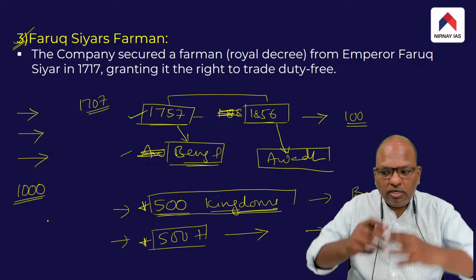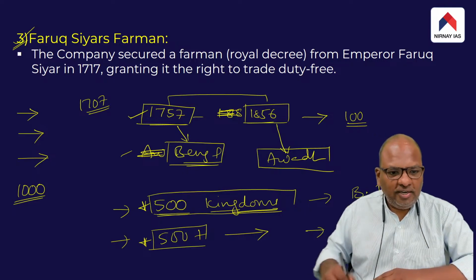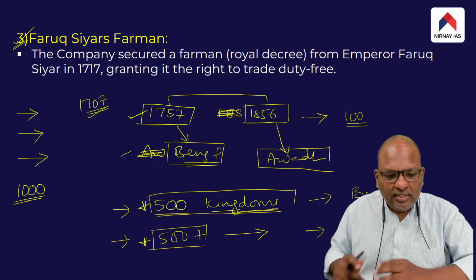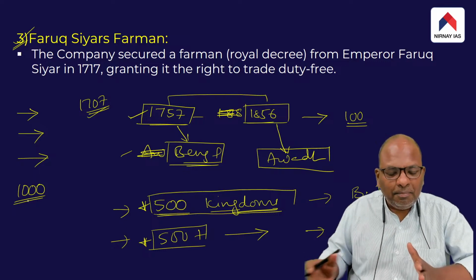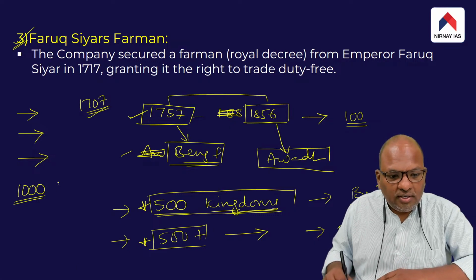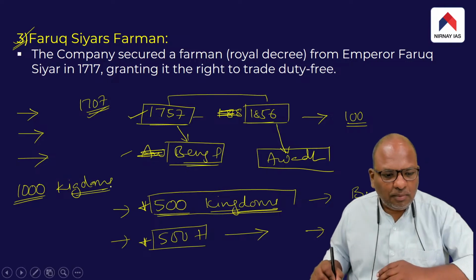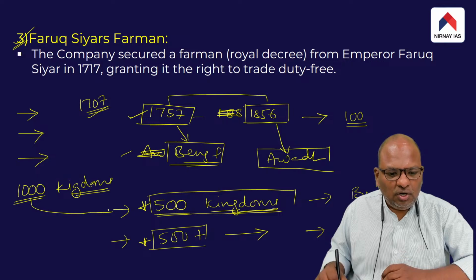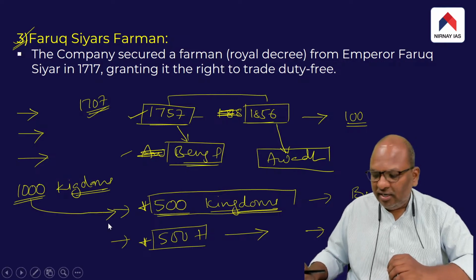So basically, Mughals ruled over the entire Indian subcontinent, but after the death of Aurangzeb, the Mughal Empire disintegrated, and close to 1,000 kingdoms came into existence. Of these 1,000 kingdoms, the British conquered roughly 500 kingdoms.